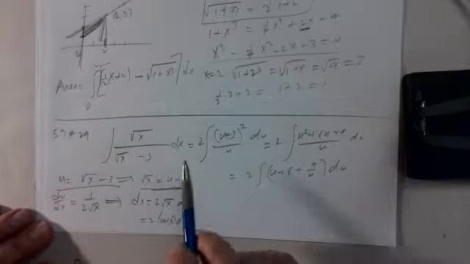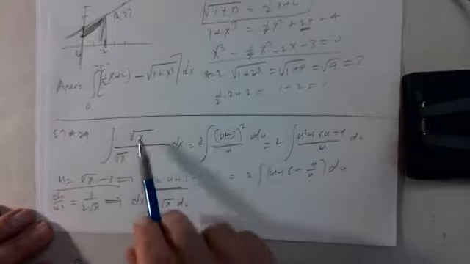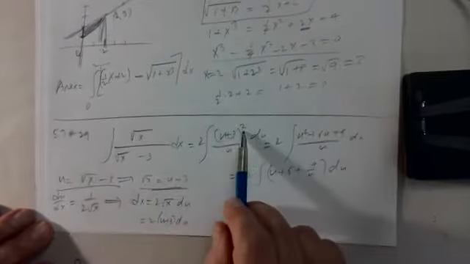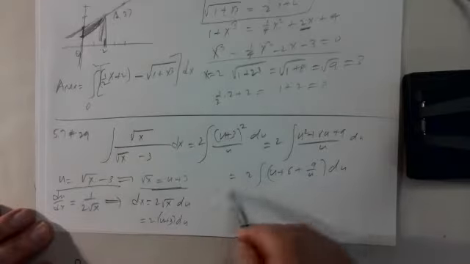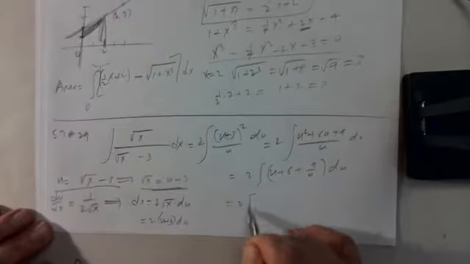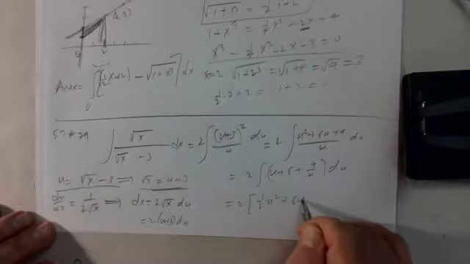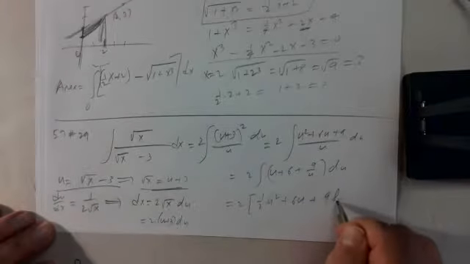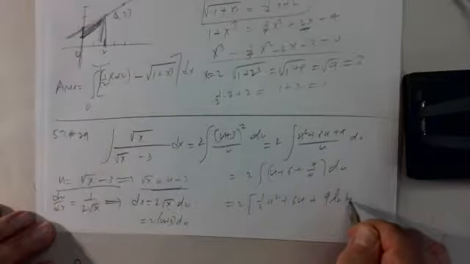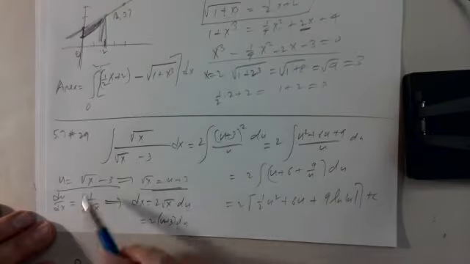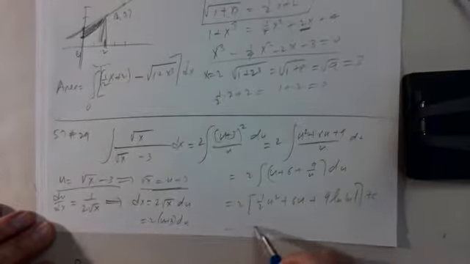So when I make my substitutions, root x is u plus 3, dx is 2 times another u plus 3 over u. So I get this polynomial. I get a half u squared plus 6u plus 9 times the natural log of u plus a constant, and then I substitute in u, and I'm done.